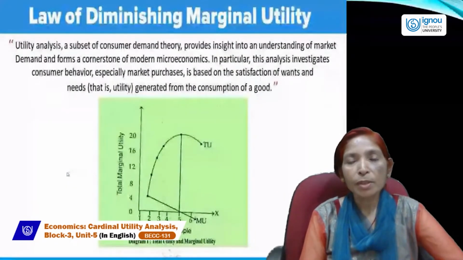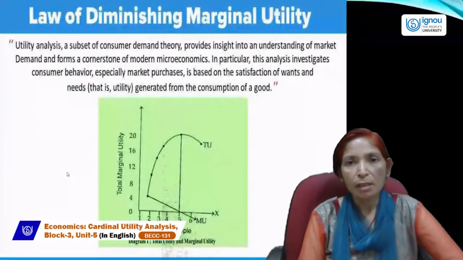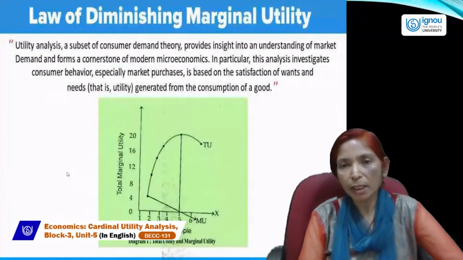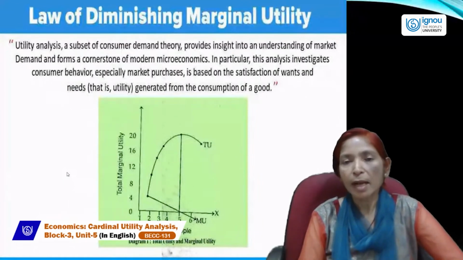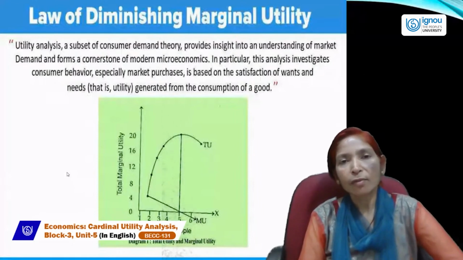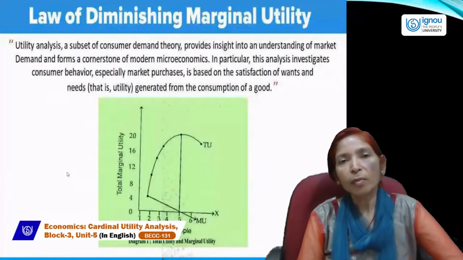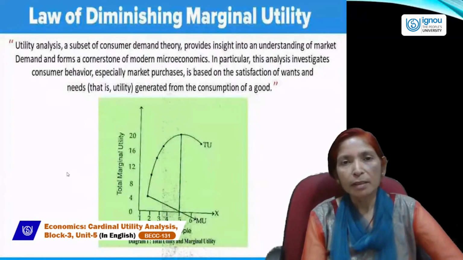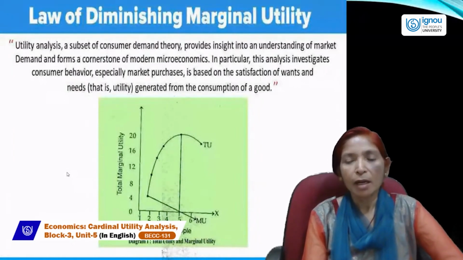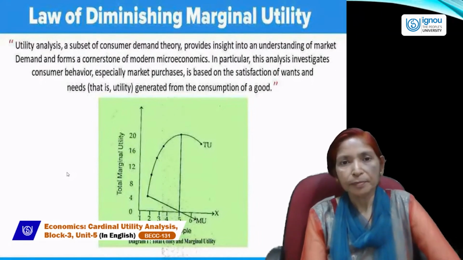This is the most important law because the cardinal approach is based on this law of diminishing marginal utility, and this law is applicable only in the case of a single commodity. If we assume that a consumer is consuming only a single commodity continuously for a longer time period, then the satisfaction which we derive from that commodity will always diminish.